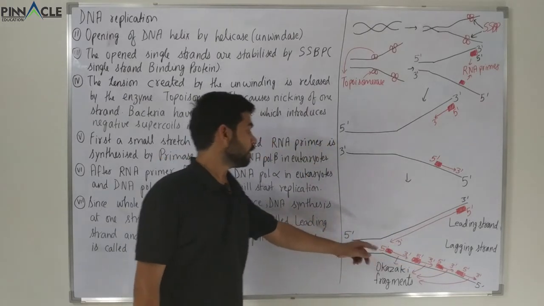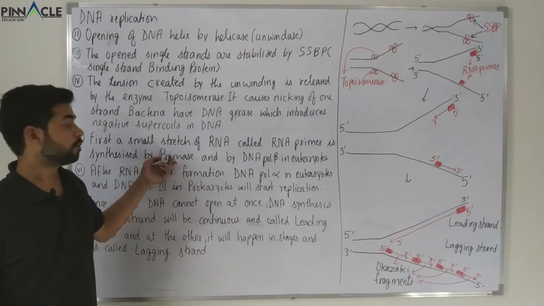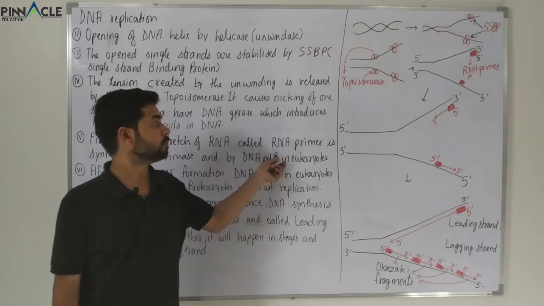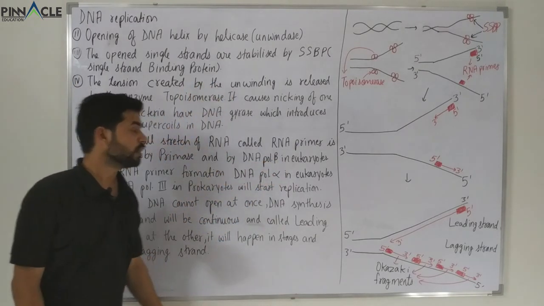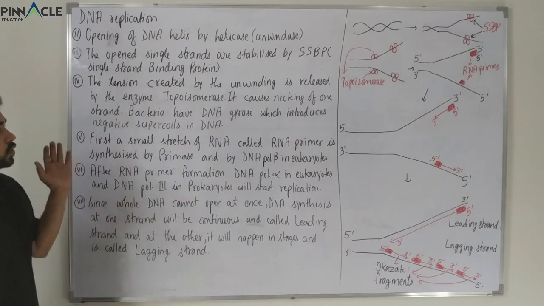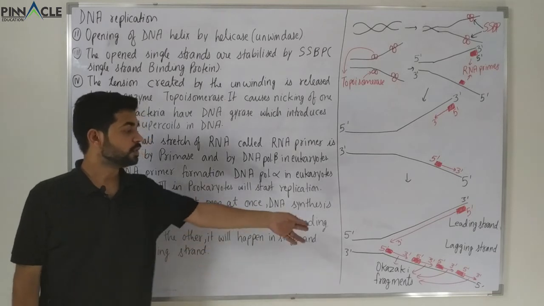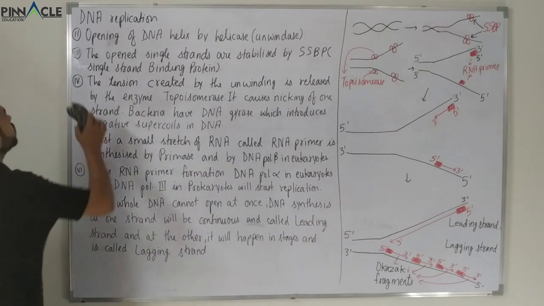First of all, the RNA primers will be removed, and that happens in the case of bacteria by primase, and in the case of eukaryotes by DNA polymerase beta. We have just seen what DNA polymerase beta is. It's a eukaryotic enzyme. So these are the normal initial steps. Now we have to study how those pieces of DNA will be added or joined.